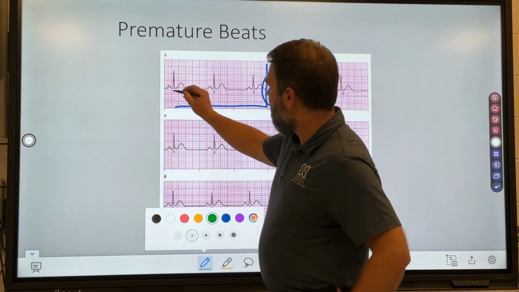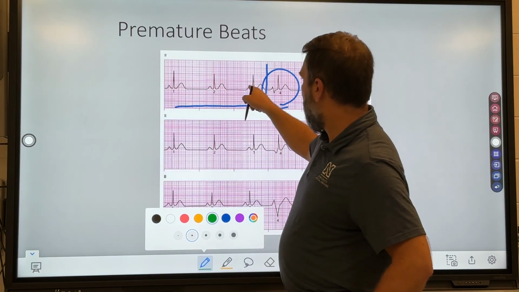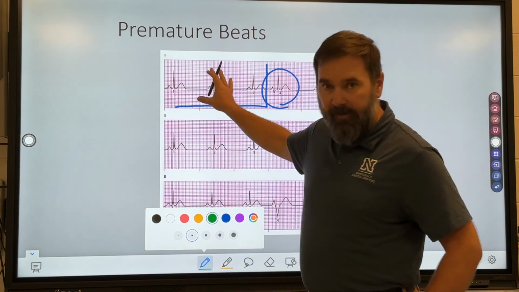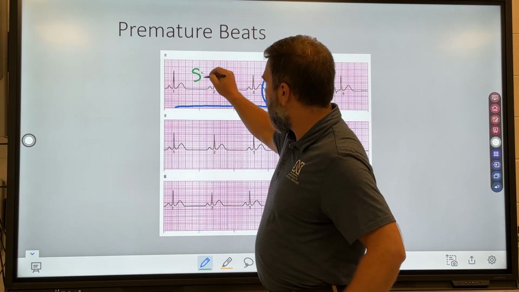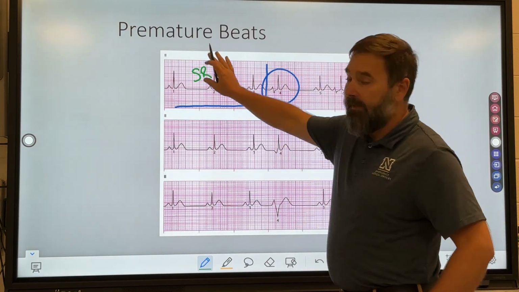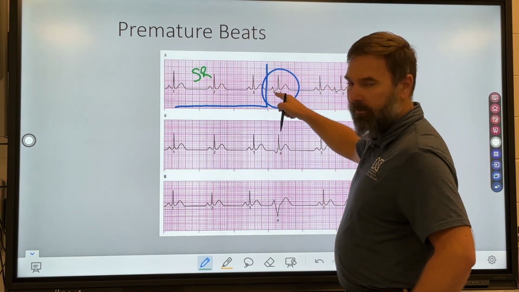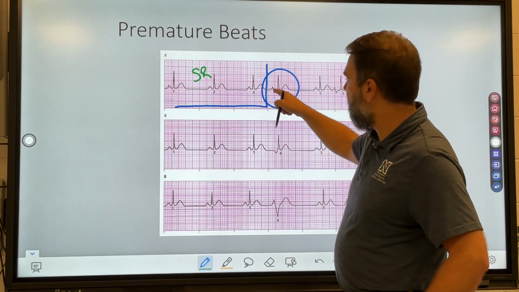In this case, we have upright P wave, QRS, upright P wave, QRS, upright P wave, QRS. By definition, and based off the rate, we can say that this is a sinus rhythm. At least these are sinus complexes. When we get here, this P wave looks a little bit different than the other ones. It's more pointed and spiked.